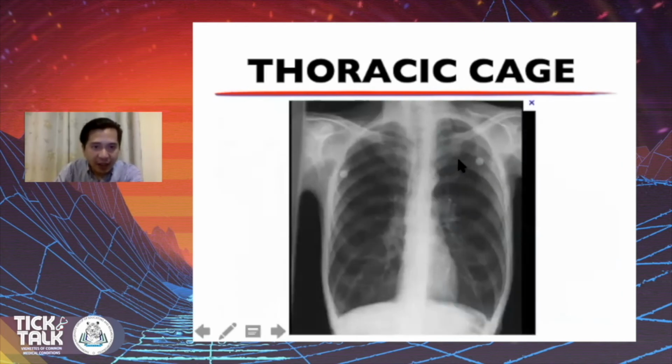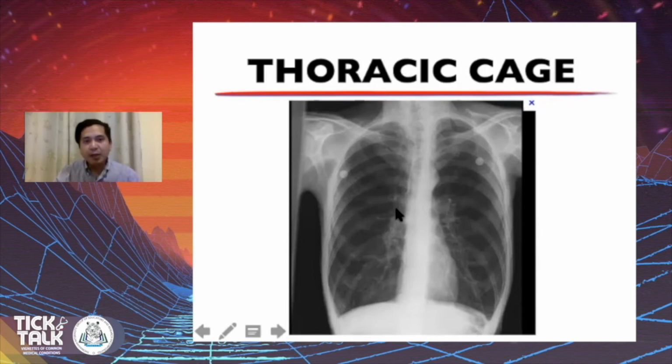Again, this film shows symmetrical intercostal spaces and ribs. However, when one knows what the normal film looks like, you will also appreciate that the intercostal spaces in this film, though symmetrical, are widened. This is due to air trapping or hyperinflation, commonly seen in COPD patients.